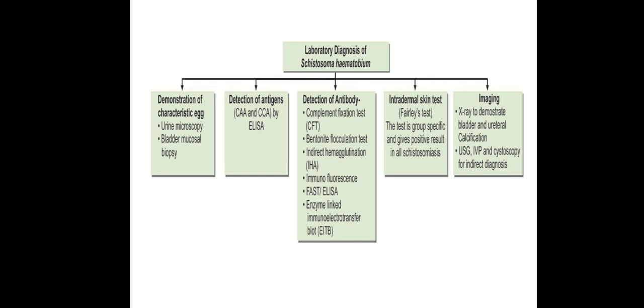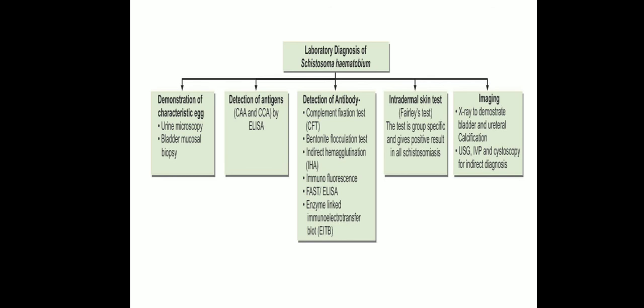Then the next is imaging. Here you can perform X-ray of the abdomen. This may show bladder and ureteral calcification. Then USG, ultrasonography, can also be performed. This is also useful in diagnosing Schistosoma haematobium infection, and it may also show hydroureter and hydronephrosis.